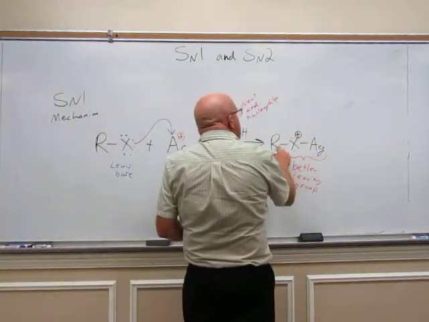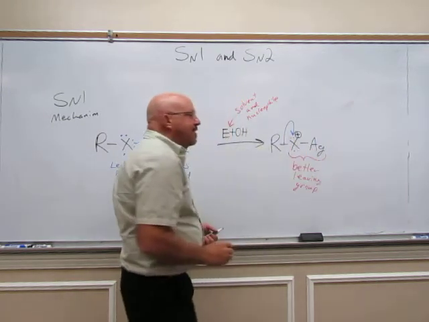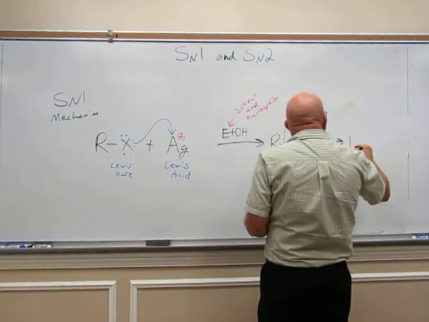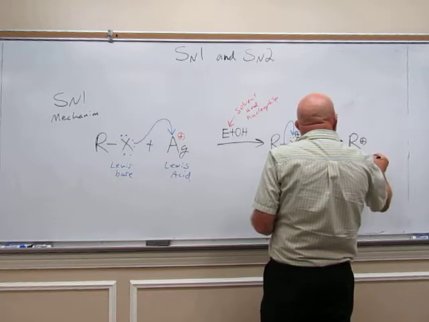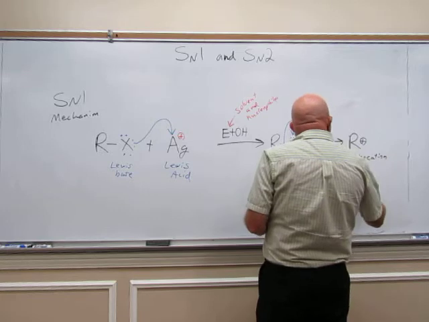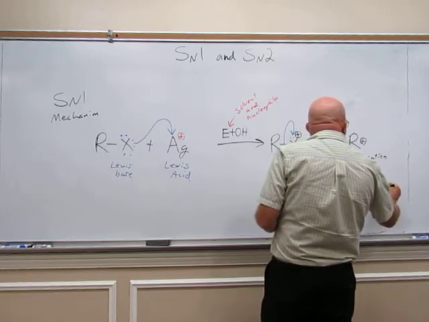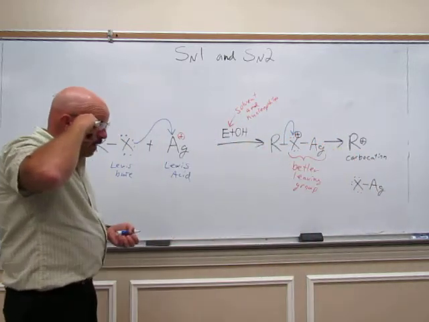So we take electrons out of the carbon-halogen bond. Those are going to go onto the halogen to get rid of that plus charge. That gives us a carbocation. And we get a silver halide here as a byproduct.